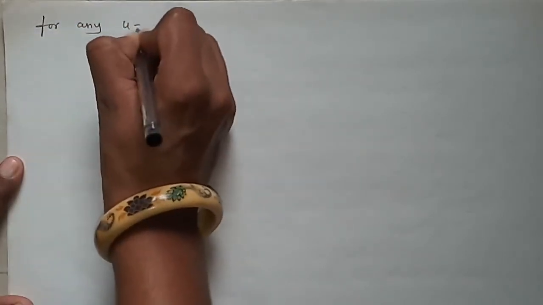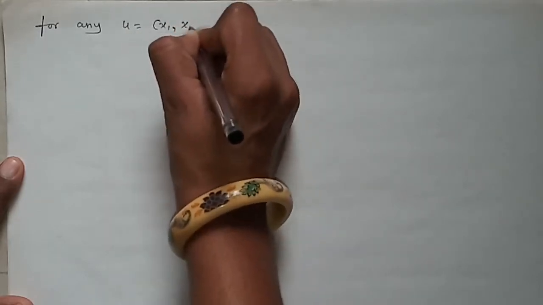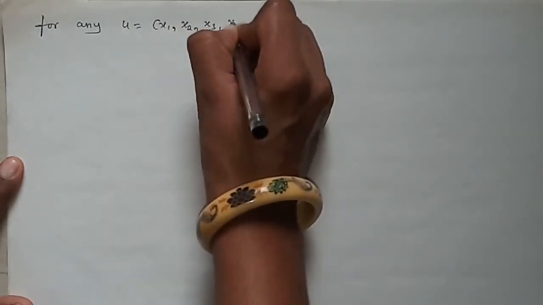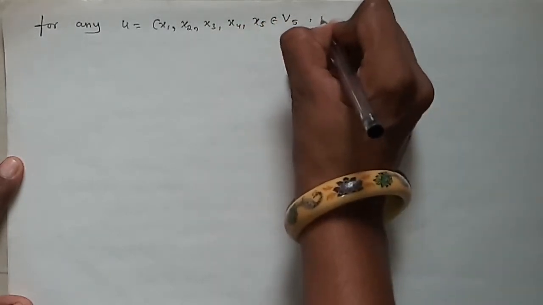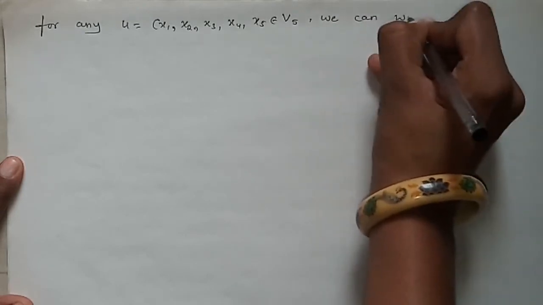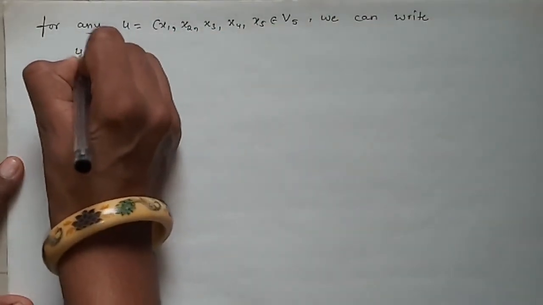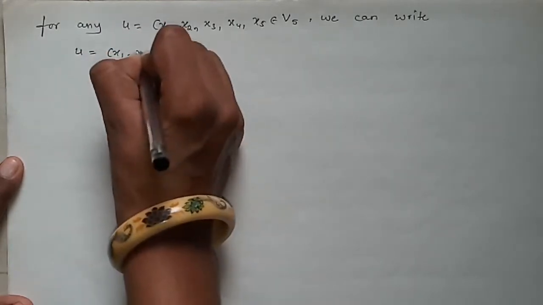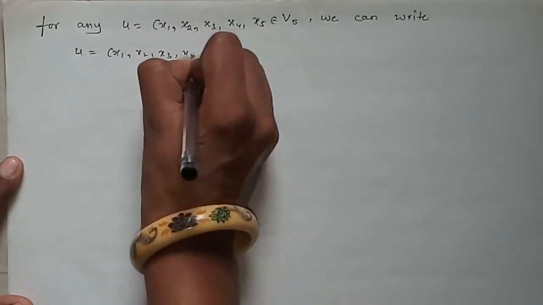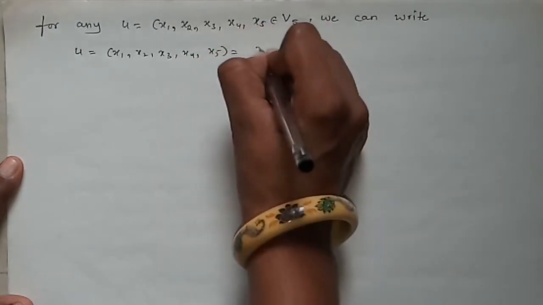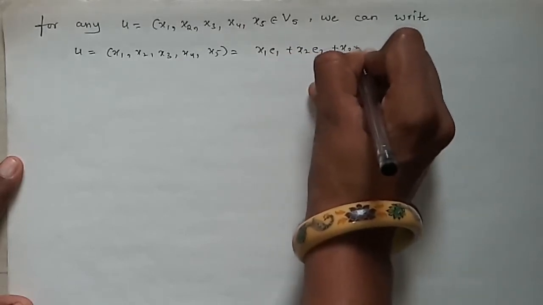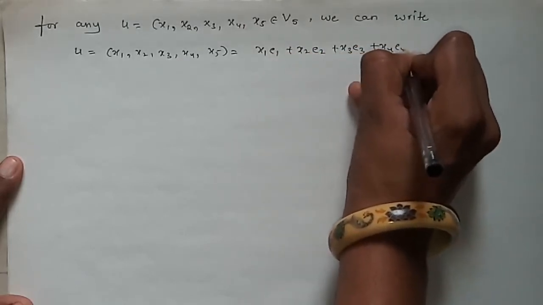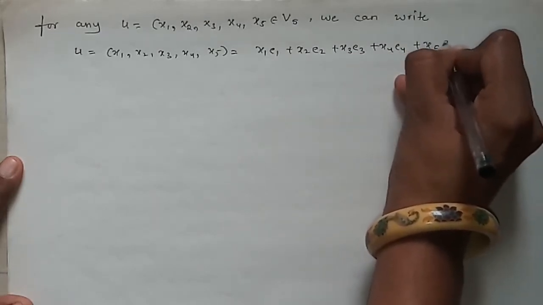Now for any U equal to x1, x2, x3, x4, x5 belonging to V5, we can write U equal to x1, x2, x3, x4, x5 equal to x1 e1 plus x2 e2 plus x3 e3 plus x4 e4 plus x5 e5.